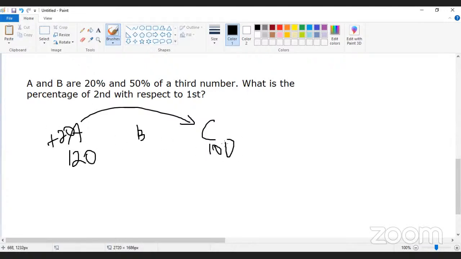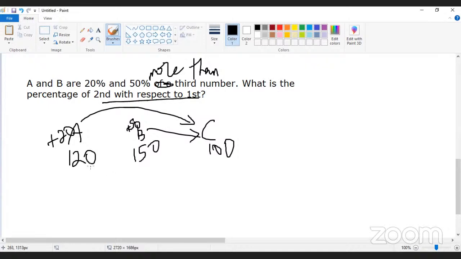Then what is C? C is 100. What is B's value? 150, comparing with C. B is getting 50 more. 20 and 50 percentage more than the third one. This is the question. Okay, he's getting 20 percentage more than C, and he's getting 50 percentage more. That means plus 50.